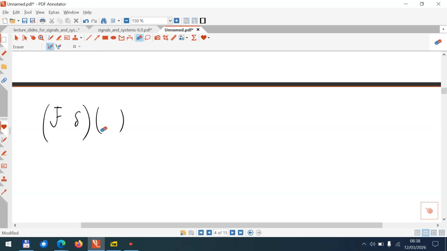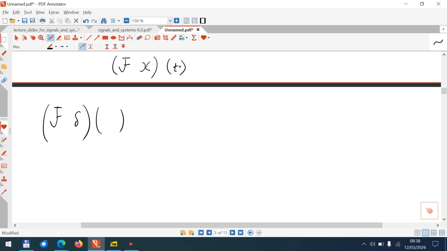Tell me. If this was x, I will say I have the signal x, I want the Fourier transform. Once I have the Fourier transform, then I want to evaluate it at what?